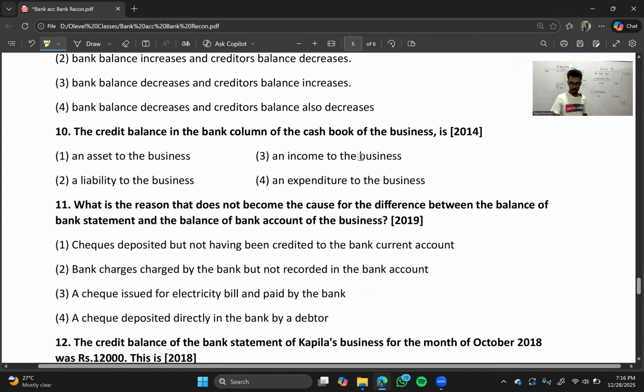The credit balance of the bank column of the cash book of this business. Credit balance in a bank account, the cash book.